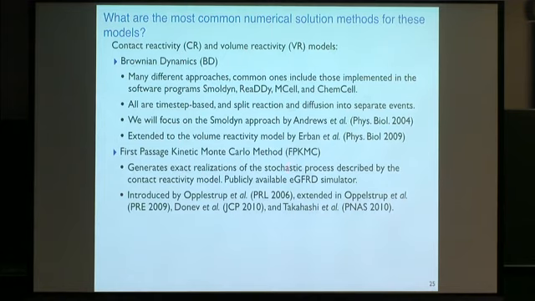And then the first passage kinetic Monte Carlo method came out and showed how you could do things exactly. And then GFRD got updated to EGFRD, which gave you the complete method for doing the contact reactivity model with partial absorption exactly. So this is a very nice way to do exact simulations of the underlying stochastic process.